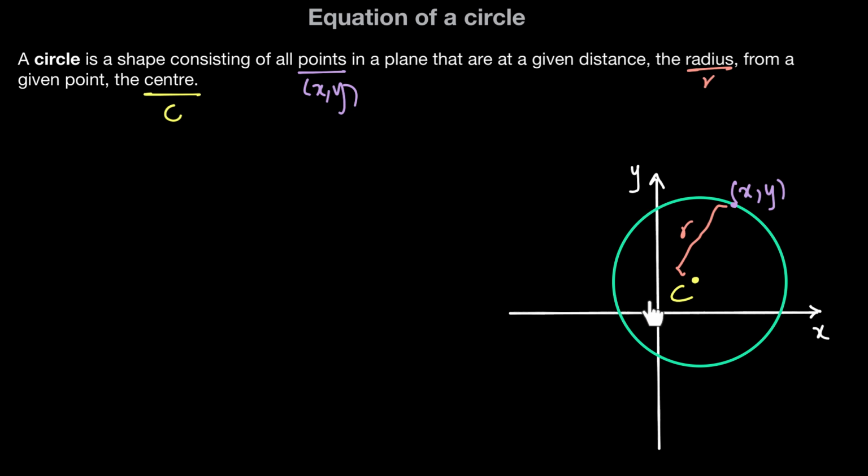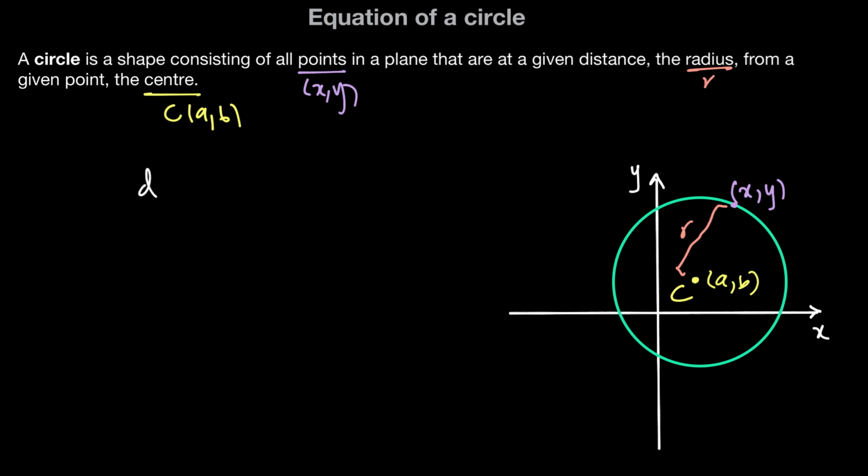So how exactly would we write the equation for a circle? Well, from the definition, as we just said, let's say that the center point C has coordinates a comma b, and that any point on the circle can be represented by x comma y. Now we know the distance formula.